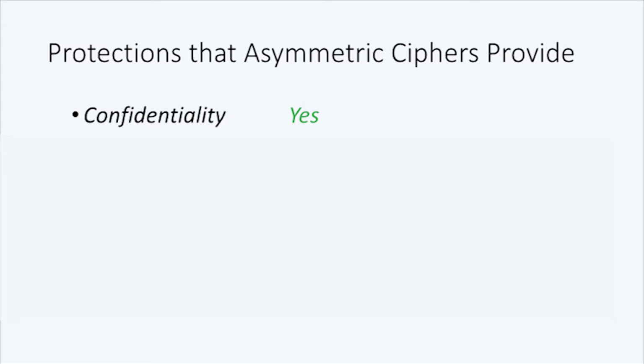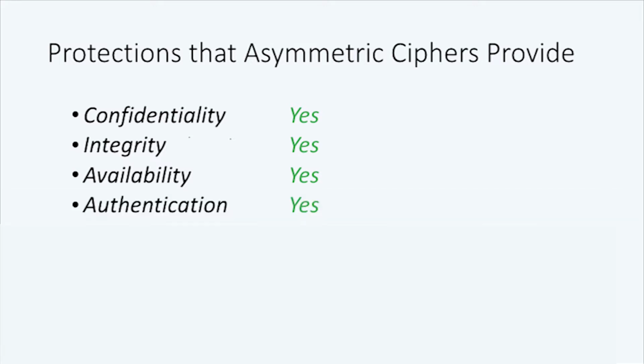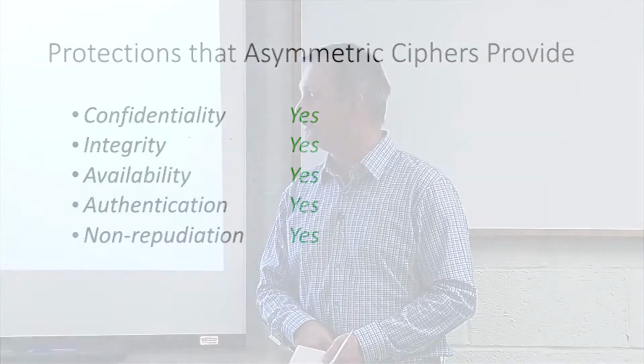It provides confidentiality, like symmetric encryption. It can provide integrity, like symmetric encryption. It can provide availability, like symmetric encryption. It provides this protection of authentication, like symmetric encryption. And it also provides this idea of non-repudiation.